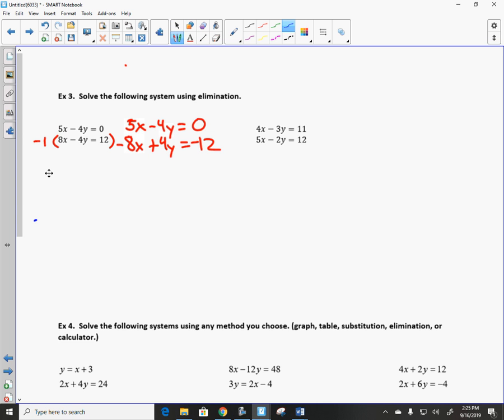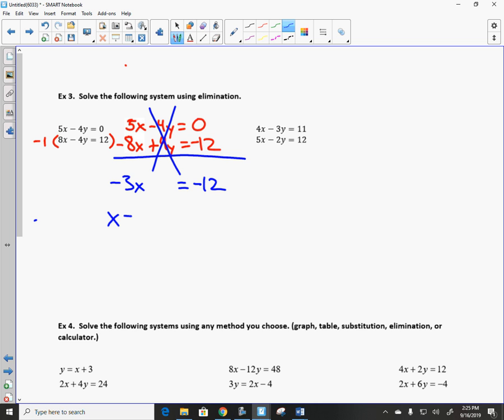Did you do substitution? Oh, so you multiplied by like a -8 and +5? Okay. Yeah, here you just, let's get rid of the y's. You can see that when you add those together, the y's go away. 5x and -8x make -3x, and 0 and -12 make -12.